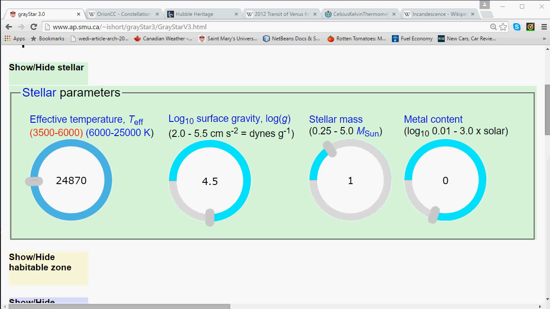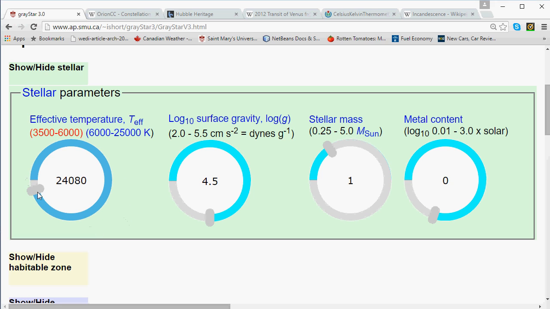So our practice is always going to be that before we do a series of experiments, we're going to want to put Gray Star 3 back to the values for the sun so that we're simulating the sun first. Now, of course, the problem is that I have messed around with this effective temperature dial, and it's no longer indicating the correct effective temperature for the sun.